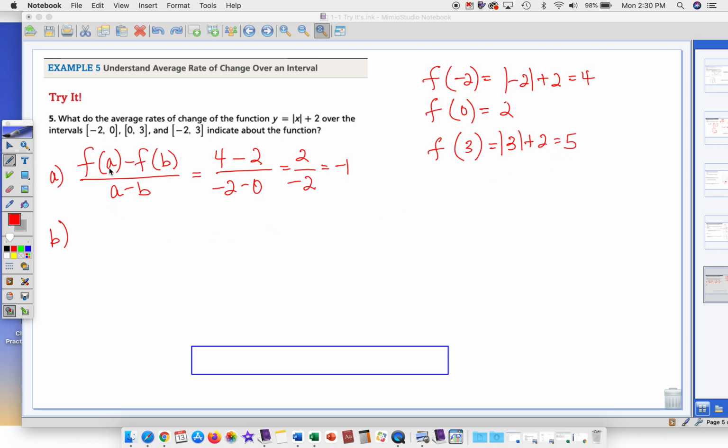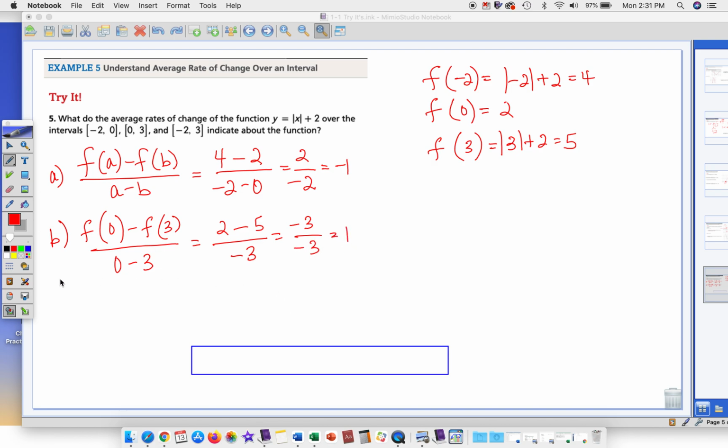So in the formula, I'm calculating f of 0 minus f of 3 over 0 minus 3. So f of 0 we said is 2, minus f of 3 is 5, and 0 minus 3 is -3. So I end up with -3 over -3, which is 1.